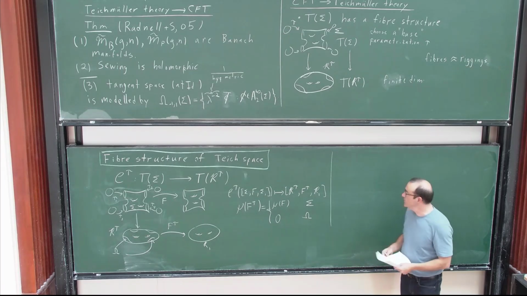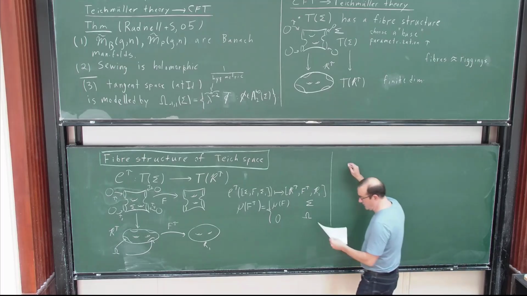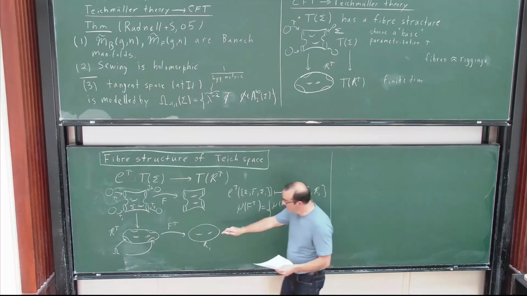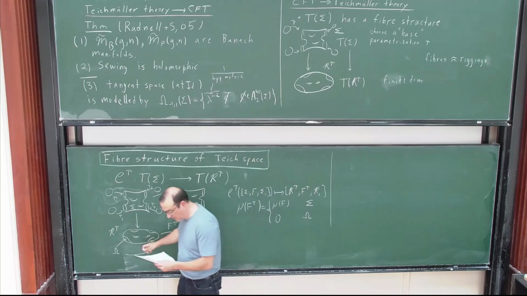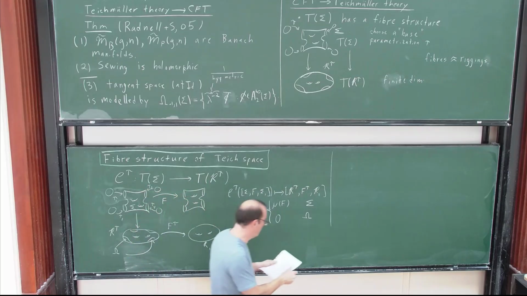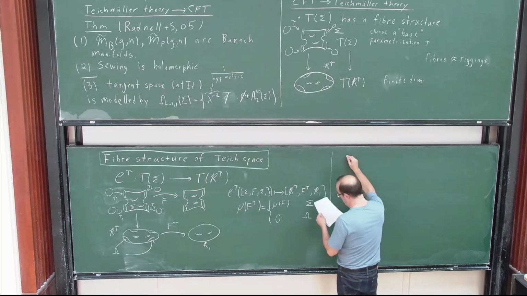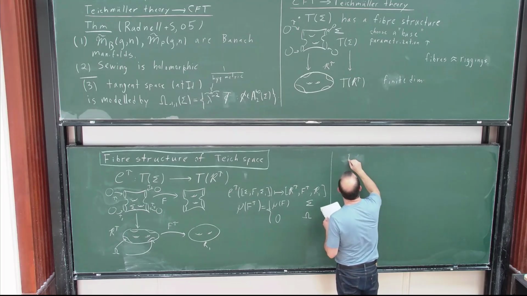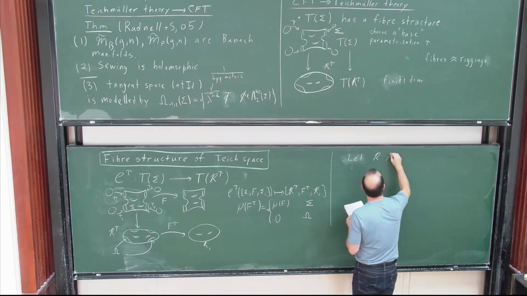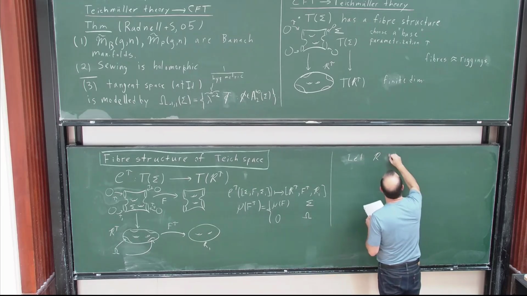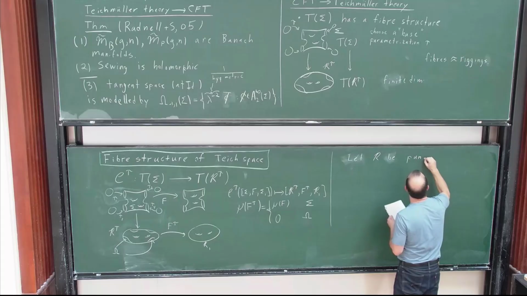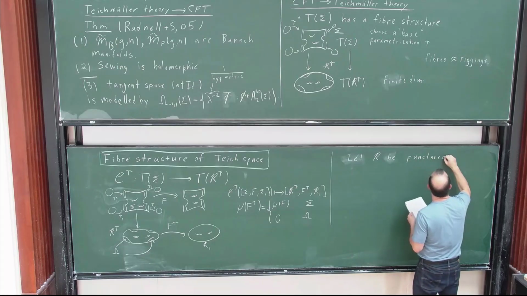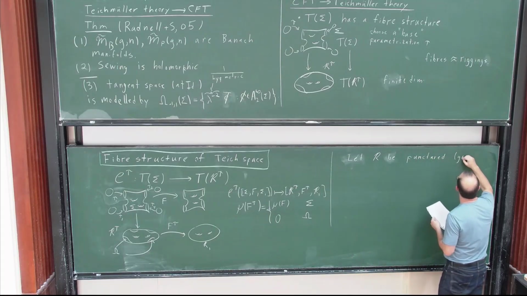No? Okay, so let me give a more precise description of the fibers. So now, for a fixed R, let R be punctured, genus g and n punctures.